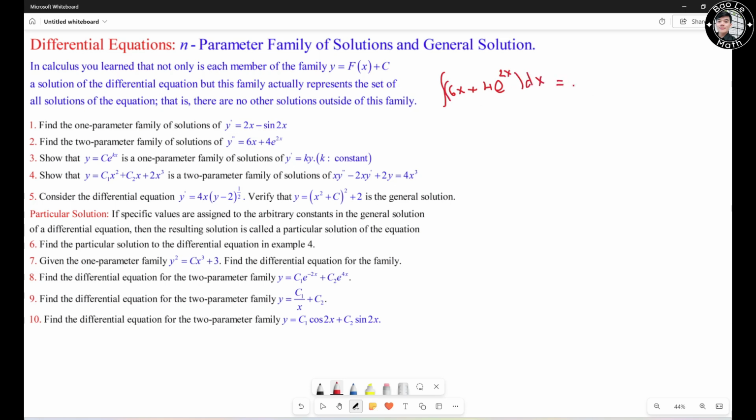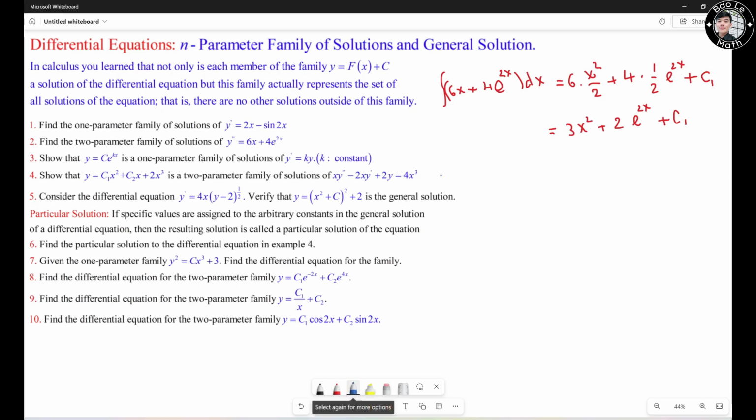It turns out to be 6 times x squared over 2 plus 4 times 1/2 e to the 2x plus c1. Now we're going to simplify this one. So it turns out to be 3x squared plus 2 times e to the 2x plus c1.